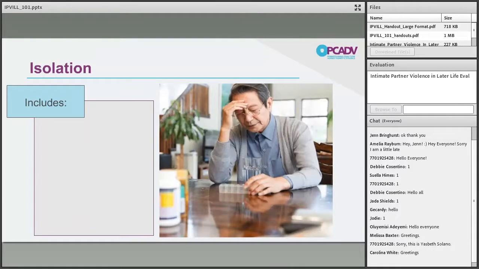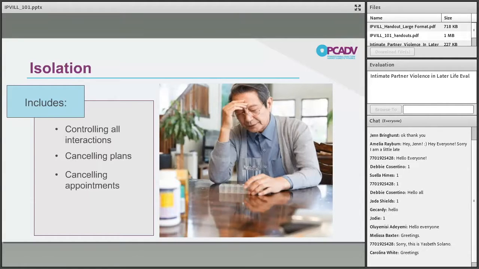So isolation is one of the largest issues that face older adults. So whenever we have these tactics presenting, what it looks like is controlling all the interactions. So who they see, what they do, where they go, who they talk to. Canceling important appointments or plans on behalf of the older adult without their consent. So what that could look like is, one of the abusive children can call the shelter and cancel a counseling appointment and say, oh, they're sick, they're not coming, without the older adult knowing.